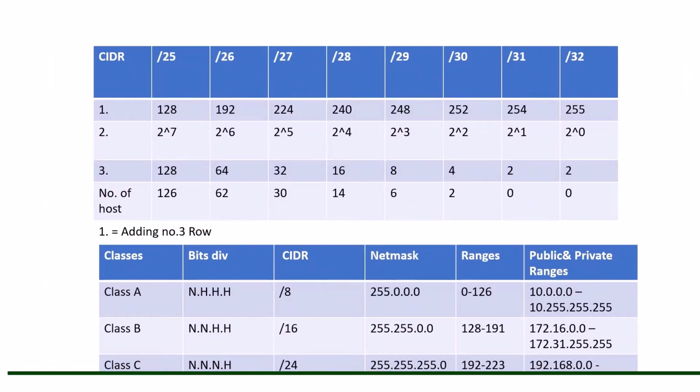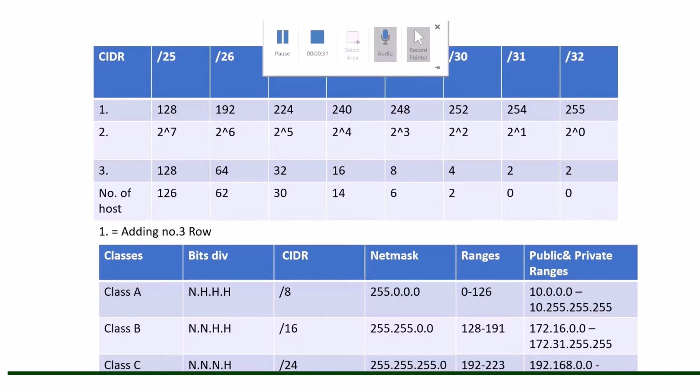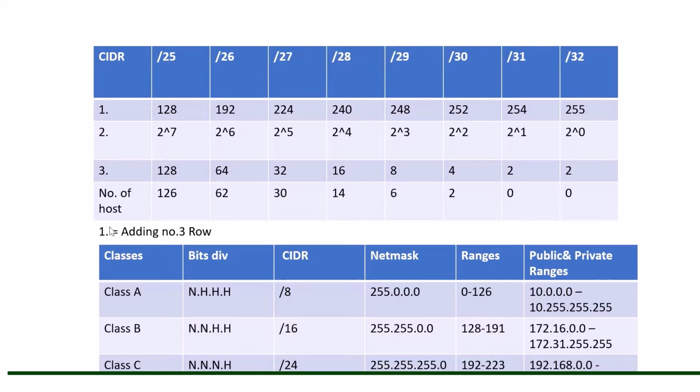Here you can see a table which I have made to help you understand properly. In the first column of this table you can find various CIDR values, and the first column value comes from adding up the third column. I mean 128 plus 0 is equal to 128, 128 plus 64 is equal to 192, and 128 plus 64 plus 32 is equal to 224.